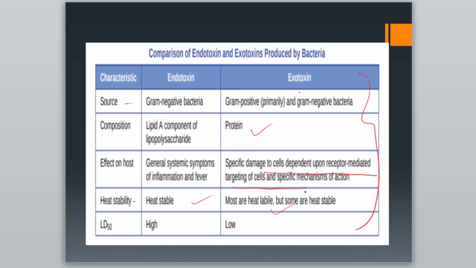Labile means it is affected by heat. LD50 is high in endotoxin and low in exotoxin. Your homework is to define what LD50 is. Let me know in the comment box and I will describe it in another video.